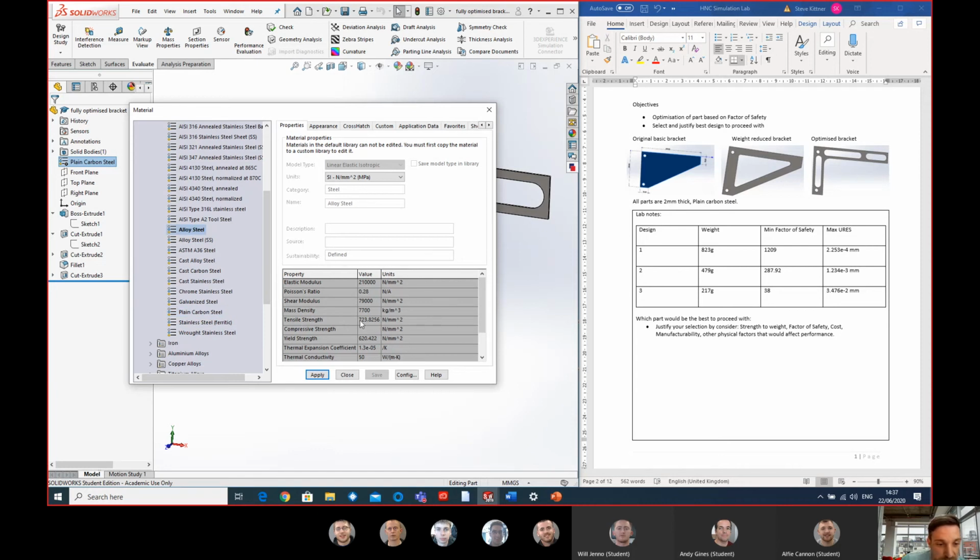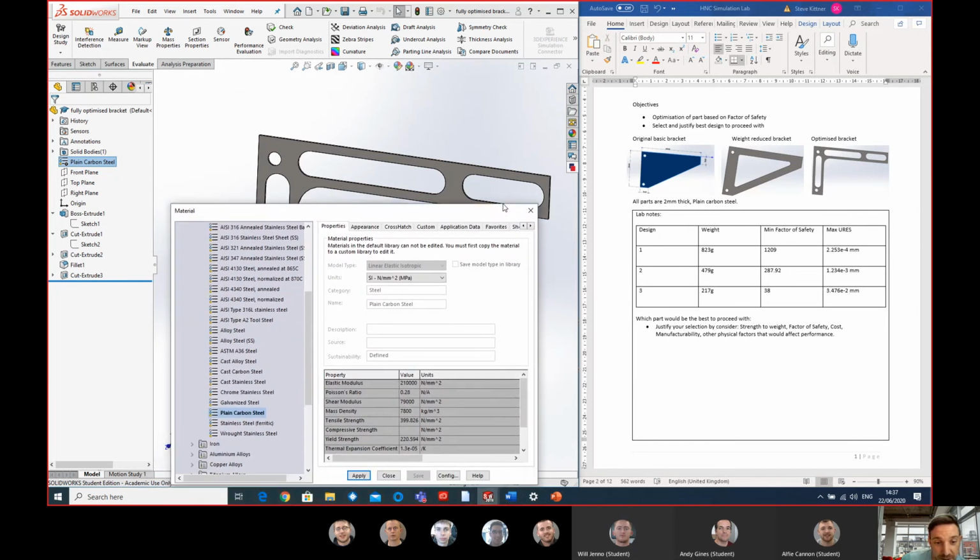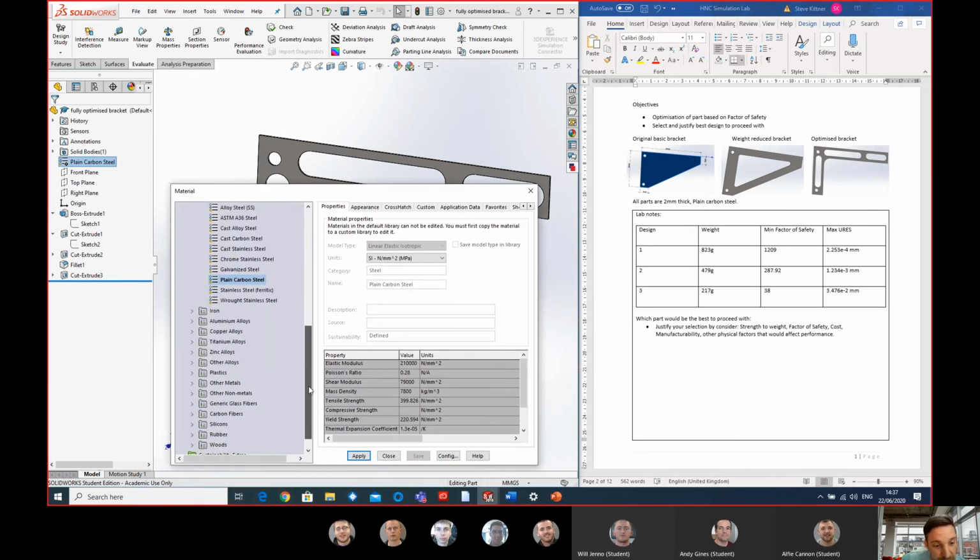The tensile strength is quite a lot higher than the plain carbon steel. So tensile strength's nearly double. So if we were only considering that direct force coming down and we knew there was no buckling going to go on here, we could probably get down to plastic on this.